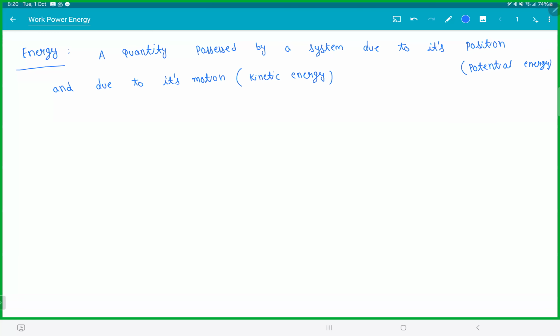The school definition is the ability to do work. Now the problem comes, what is work? And the moment you say that, I'll say, what is work? So again, if you ask me what is work, this is what I think.